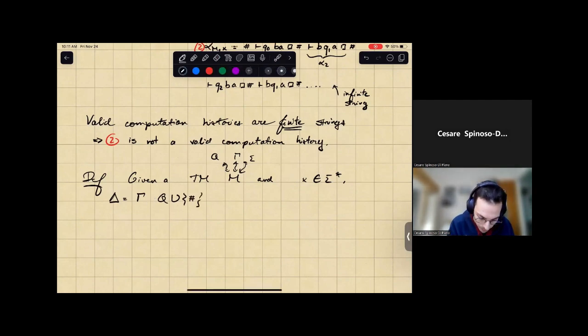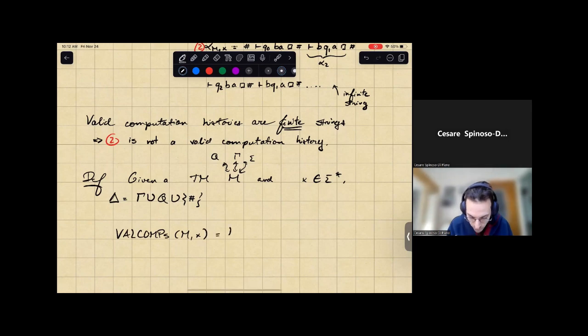Okay. And so this is our alphabet over which we're going to define valcomps. So valcomps is a language which, given a Turing machine M and some input string X, returns. So really it's more of a function which returns a language, because valcomps given a different Turing machine and a different input string X could be different, most likely.